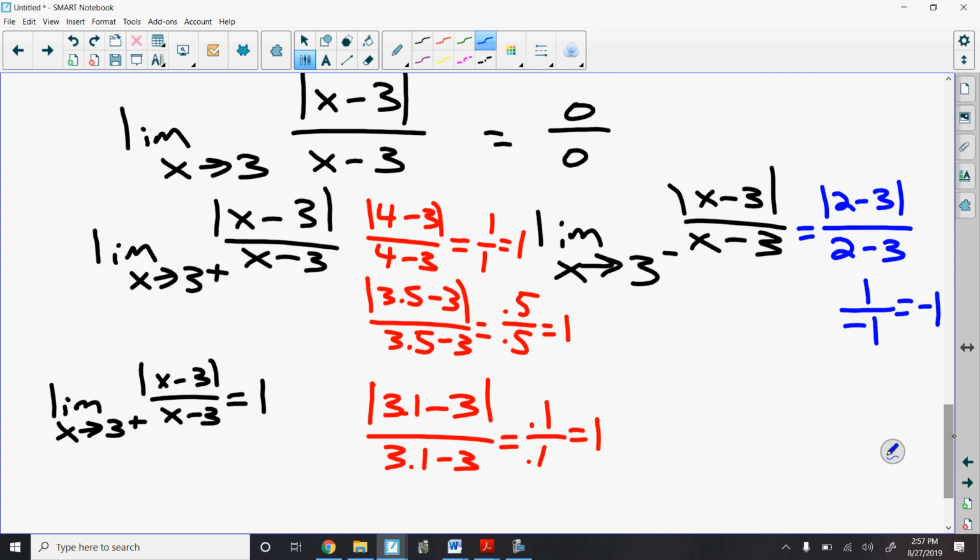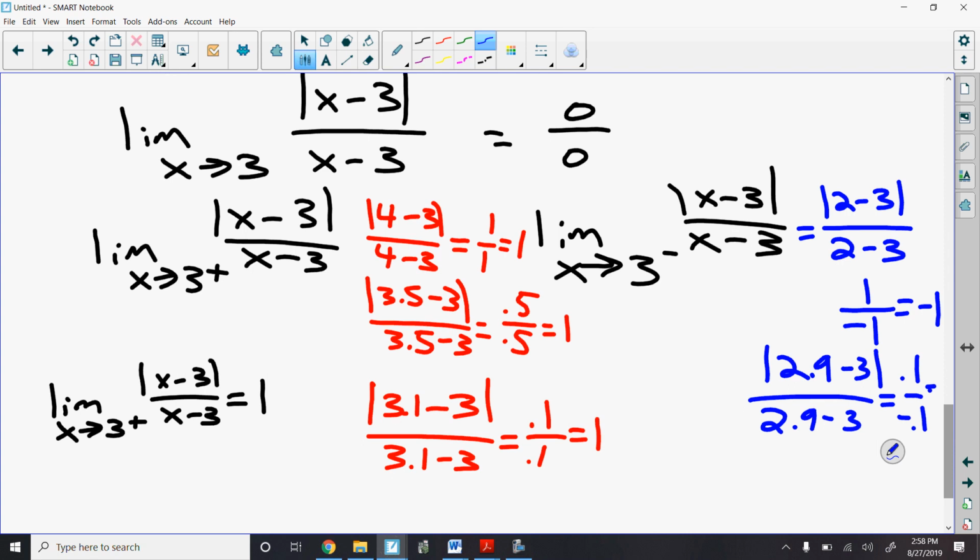Well, let's try a number even closer to 3. We'll skip 2.5 and go straight to 2.9. 2.9 minus 3, absolute value, over 2.9 minus 3. Again, on top, I get negative 0.1, but the absolute value makes that positive 0.1, while it stays negative 0.1 in the denominator.